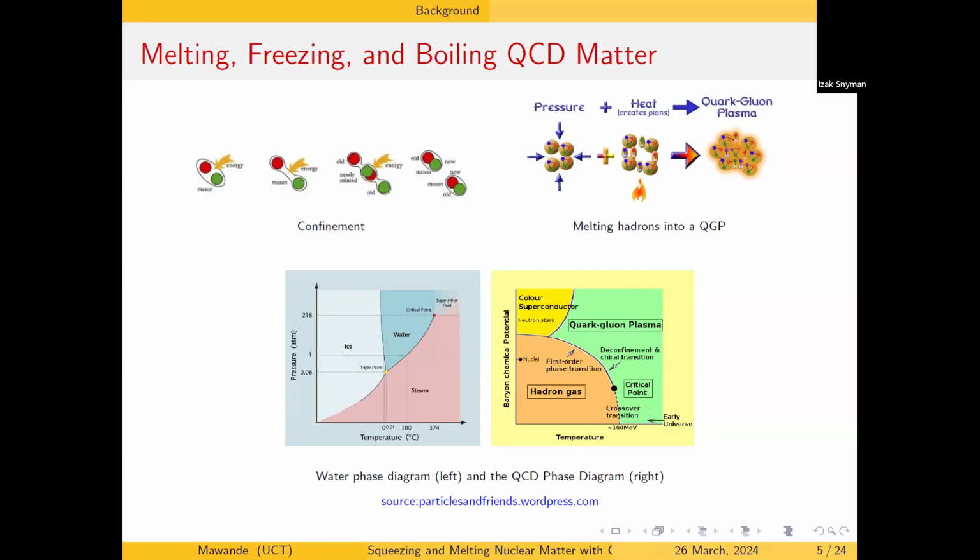Instead of pressure, you put another variable, which is the baryon chemical potential, or equivalently the baryon density. So baryon density measures the net number of quarks you have compared to the anti-quarks.